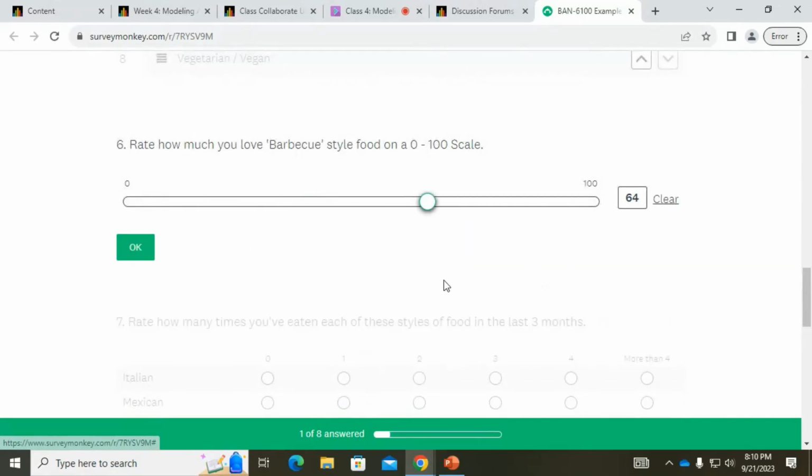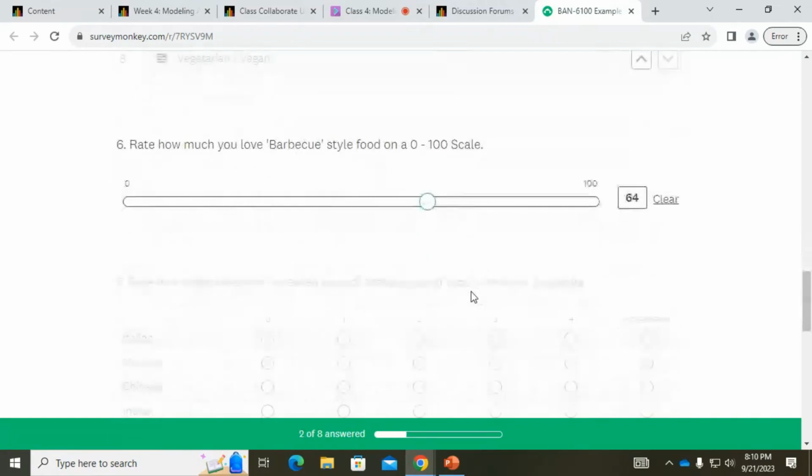The other thing I want to mention about surveys, and if you've dabbled in user interface design, when you're thinking about how you want to pose a question, that's actually very important. What if instead of the scale, I just had a comment box where it said rate from 0 to 100? What could be a potential issue with that? As opposed to the scale, I just have a box where it says put 0 to 100 in there.